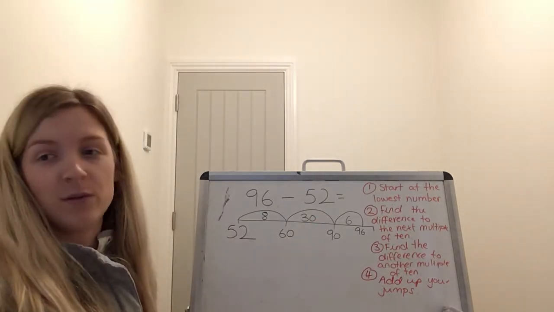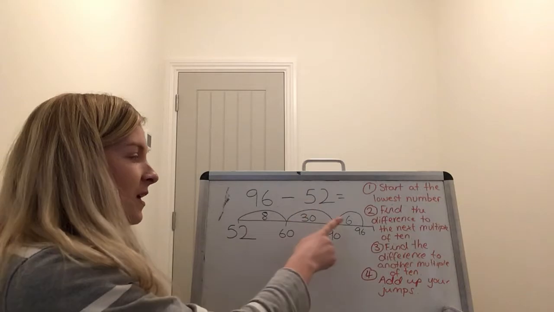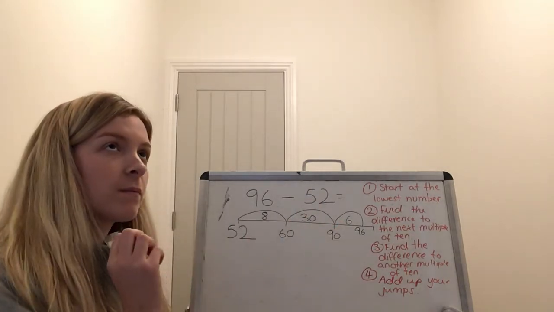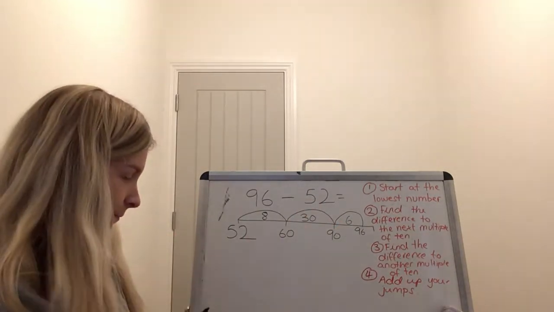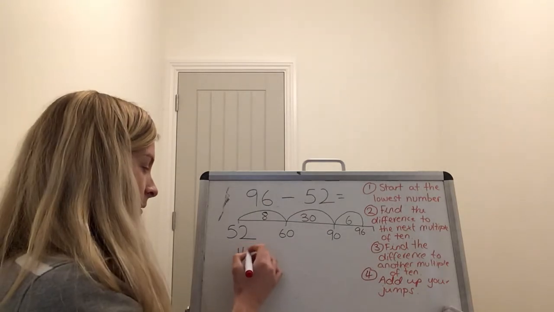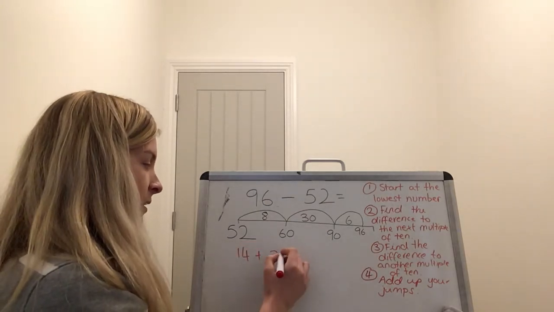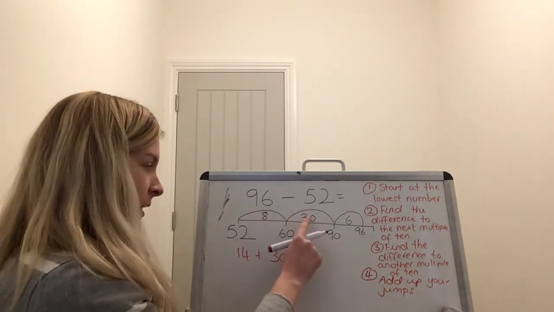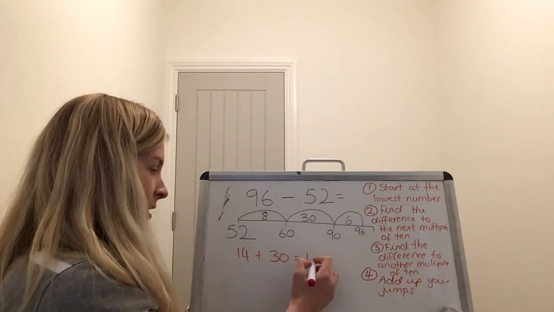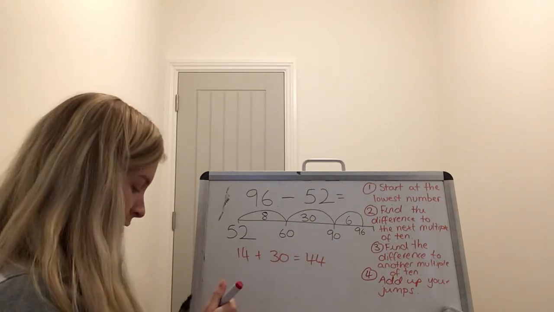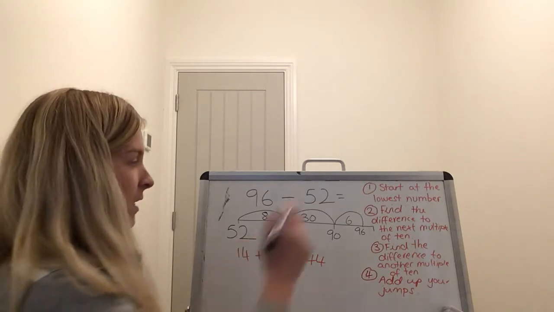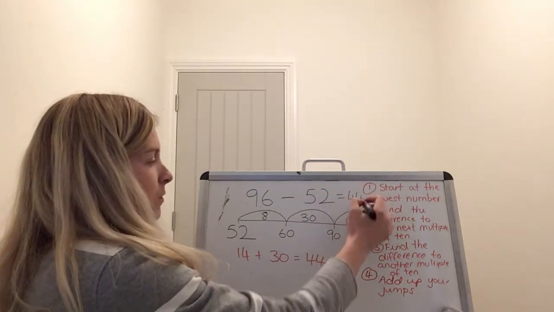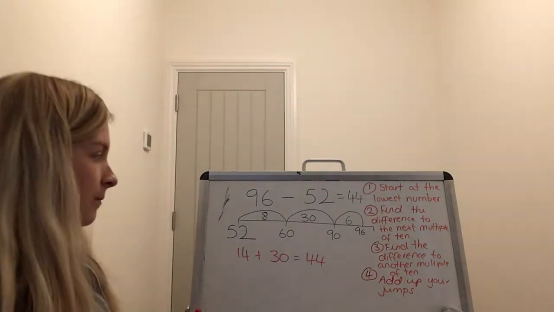It's up to you how you do this. I'm going to do 8 and 6 is 14. Plus the 30, 8 and 6 makes 14. 30 is 44. So our answer is 44. I found the difference.